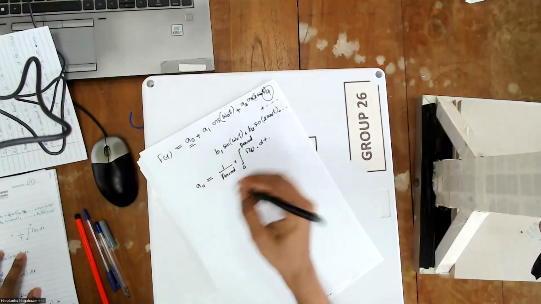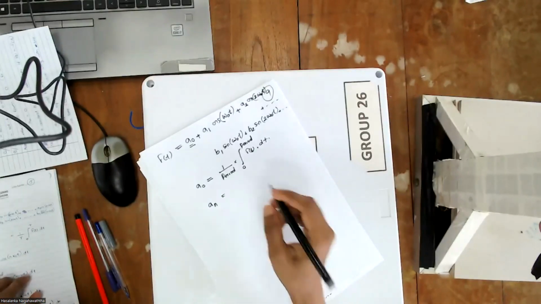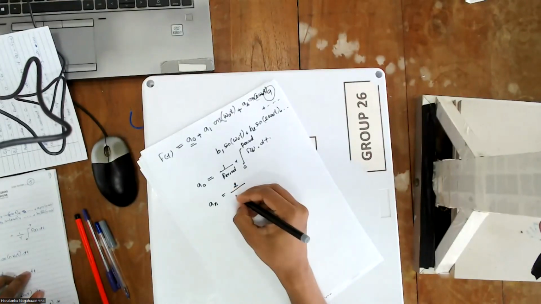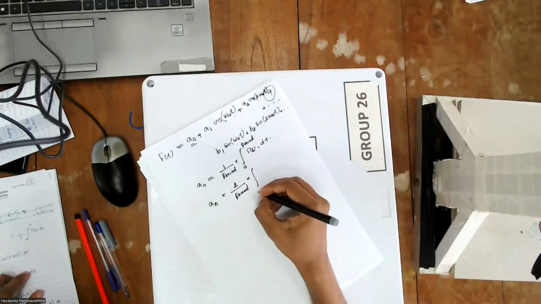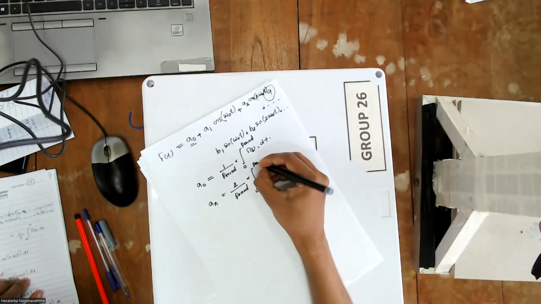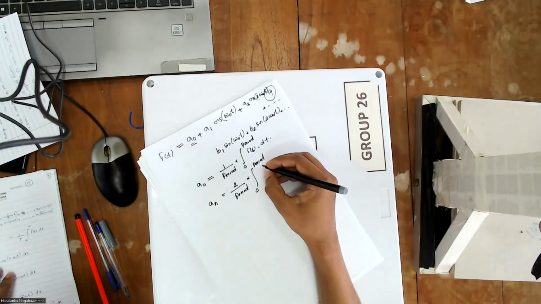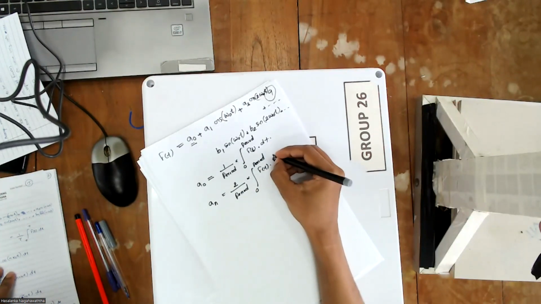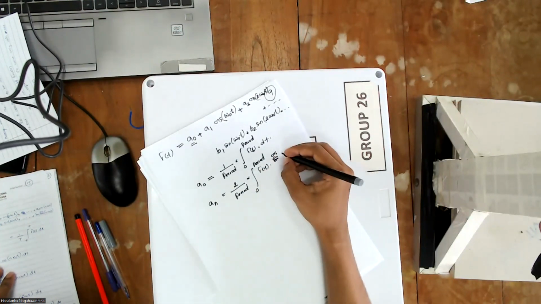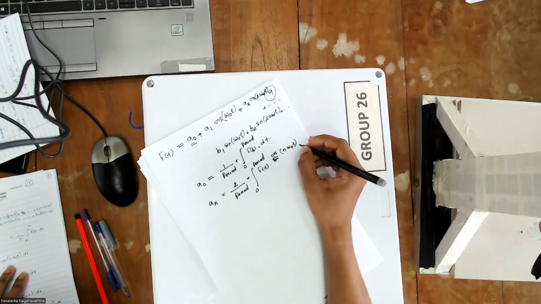And for the An term you can receive 2 over period, integral 0 to period, f(t) cos n omega naught t dt.